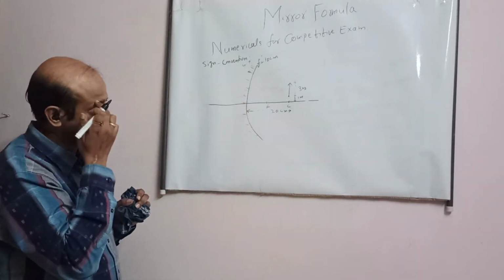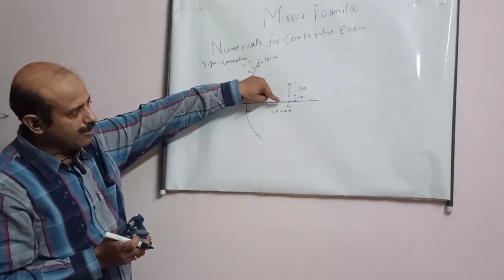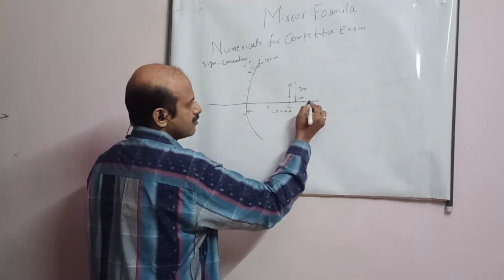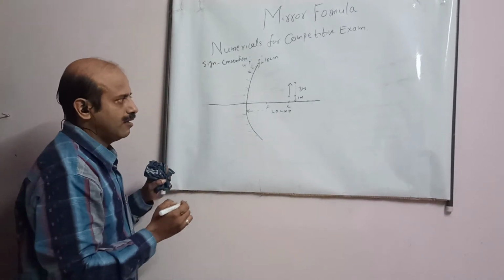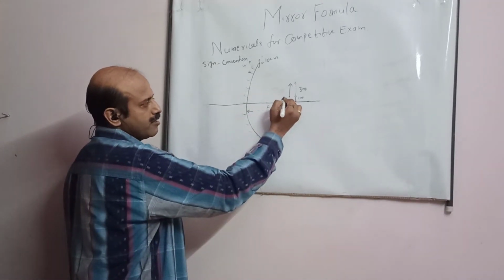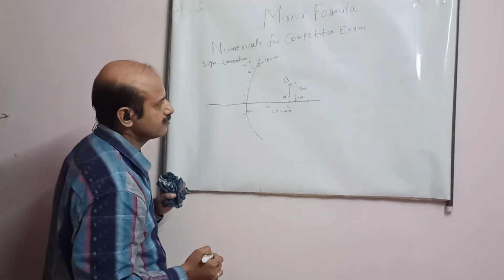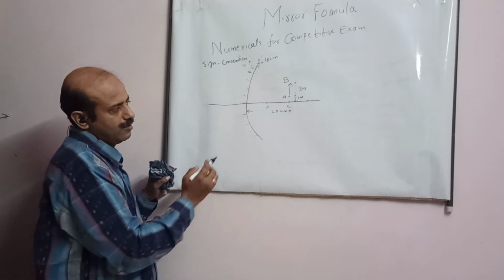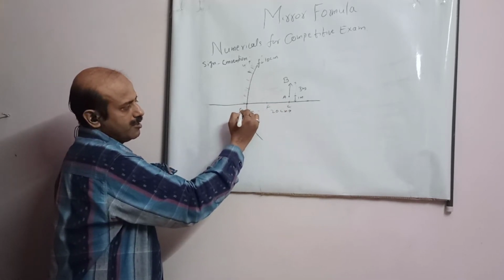Okay, student. The object is situated above the principal axis. It is not on the principal axis. I am naming it, student. This I am saying as A. This I am saying as B. This point is at height 1. Again, student, origin.